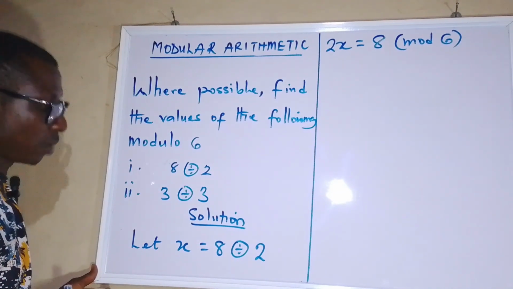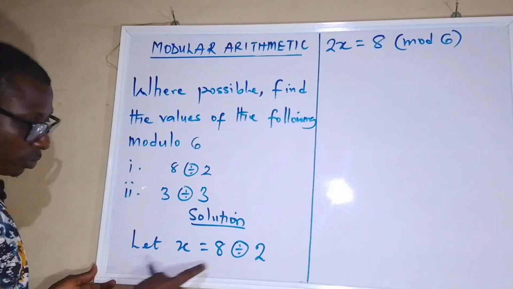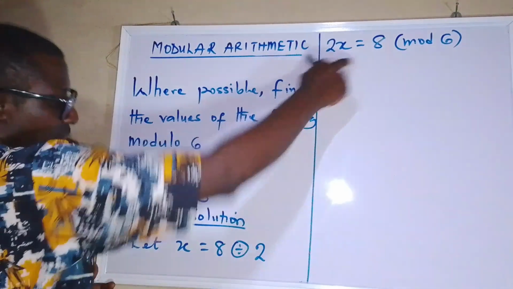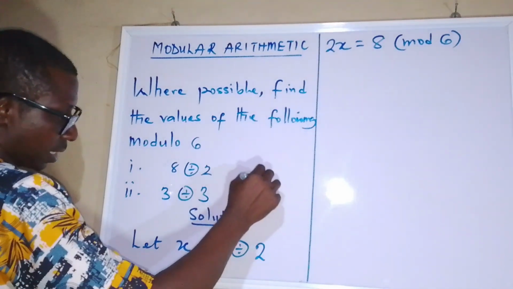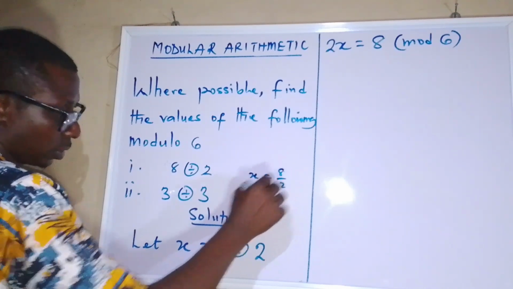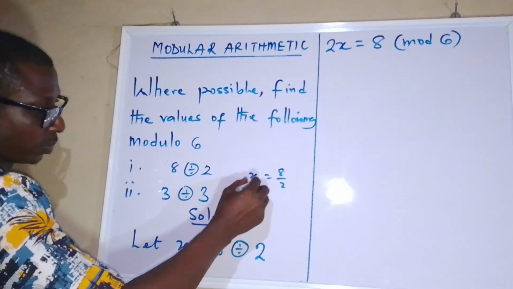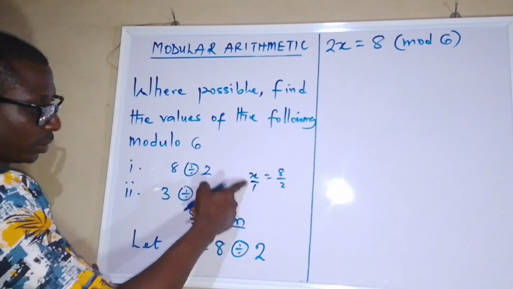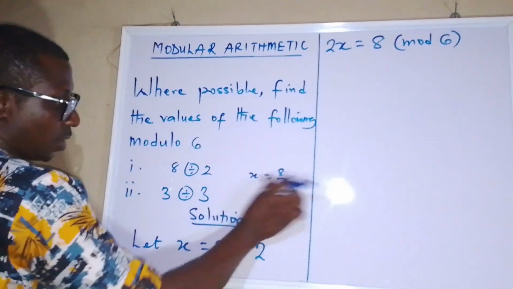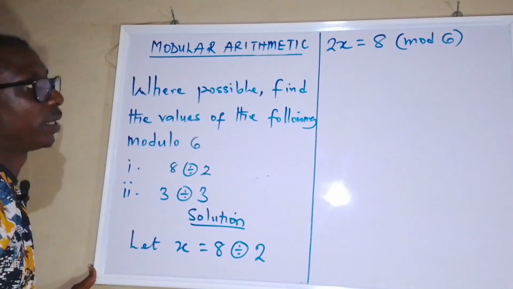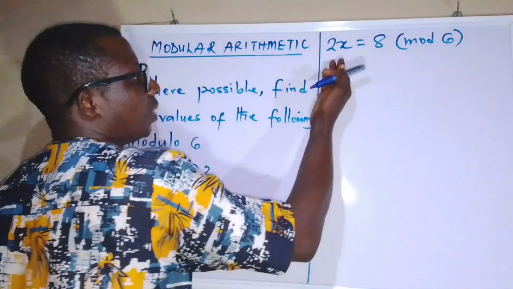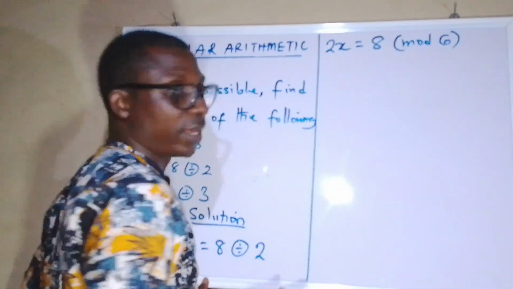How did we arrive here? This is the same thing as writing x equals 8 over 2. When you cross multiply, you have 2x equals 8. So that is how we arrived there. Now you can divide both sides by the coefficient of x.